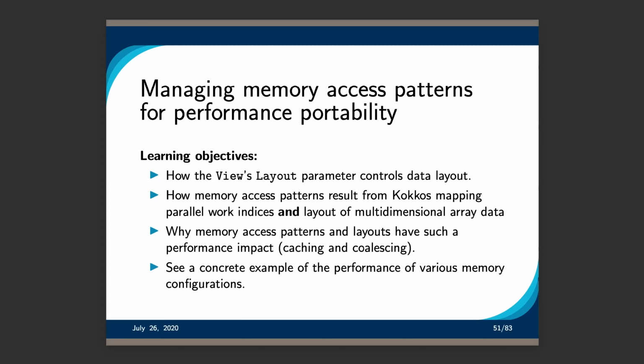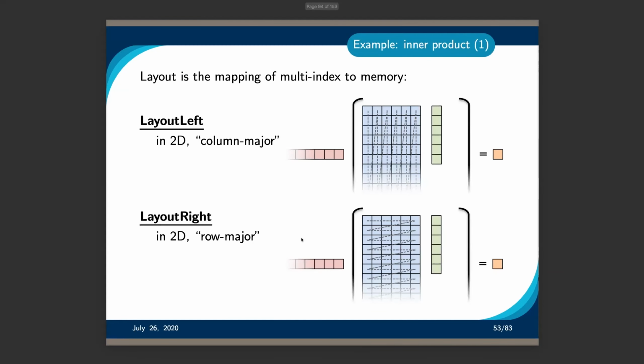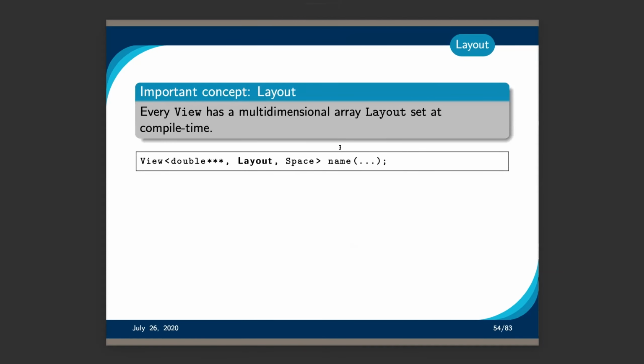Next slide. So think about that example, right? An interesting question for this thing is, how should A be laid out in memory, right? And for matrices, there's two typical things, right? There's column major and row major layout. And in Kokkos, we call them slightly different.